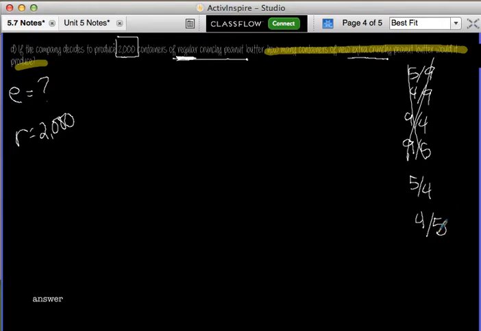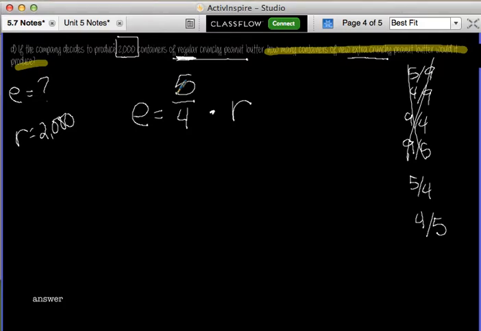All right, so I'm looking for the amount of extra crunchy, which is going to be equal to, okay, well, I know from my sentence, the amount of extra crunchy is 5 fourths the amount of regular crunchy. So here again, if I know my regular crunchy, and that's what I have, then I want that number to be on bottom. All right, so this is the equation that I'm going to use.